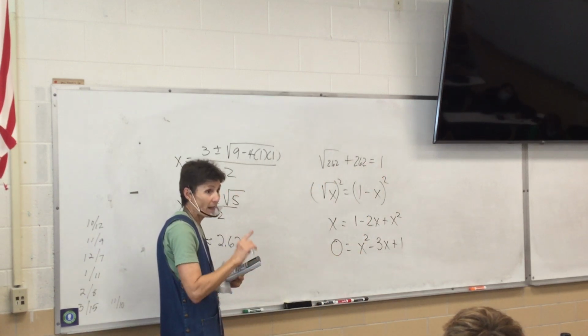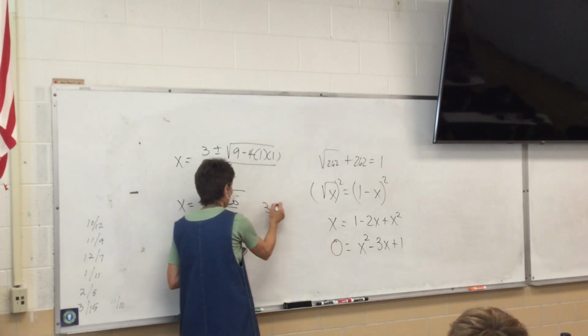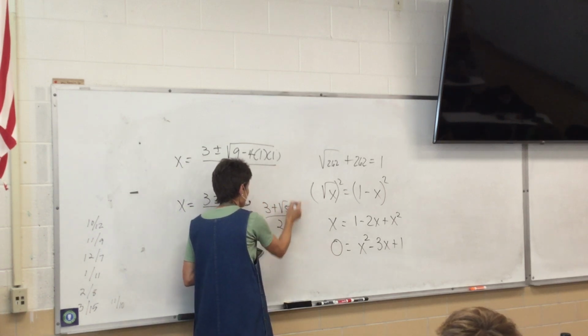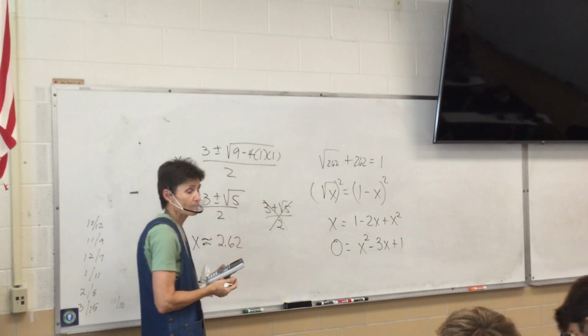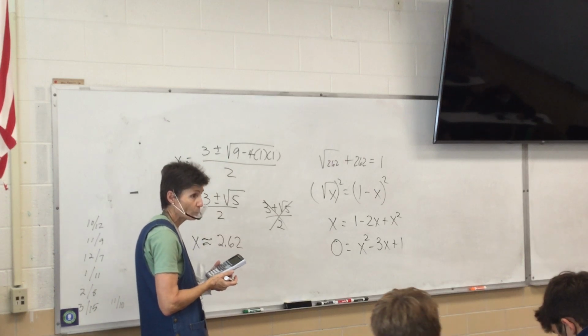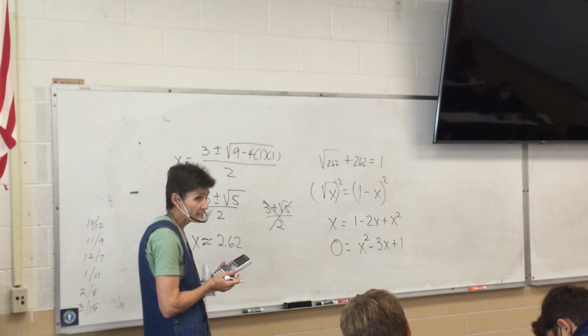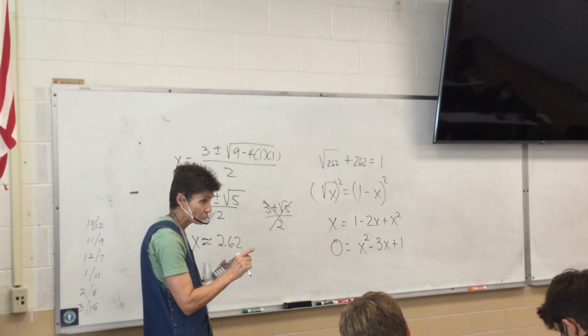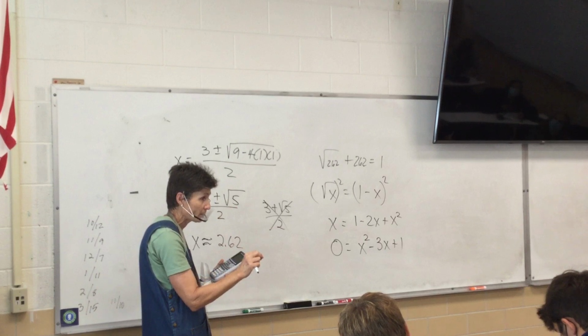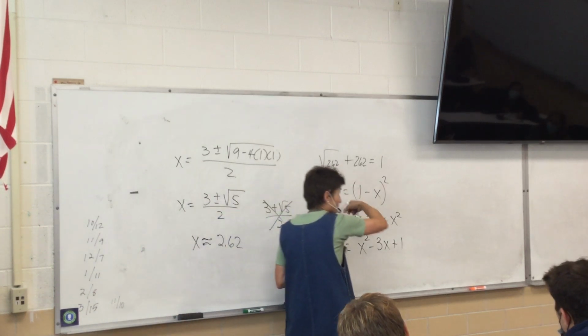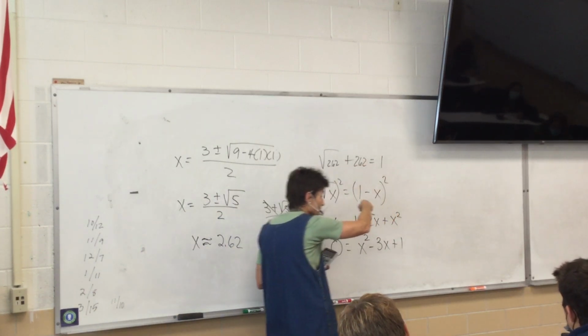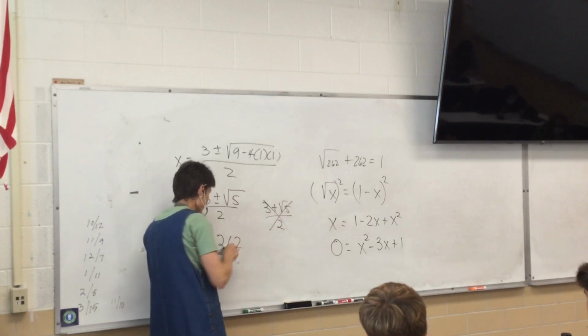No. So that one's extraneous. 3 plus root 5 over 2 is extraneous. Does everyone see that? Why am I checking my answer? What procedure causes me to always check my answer? Squaring both sides.